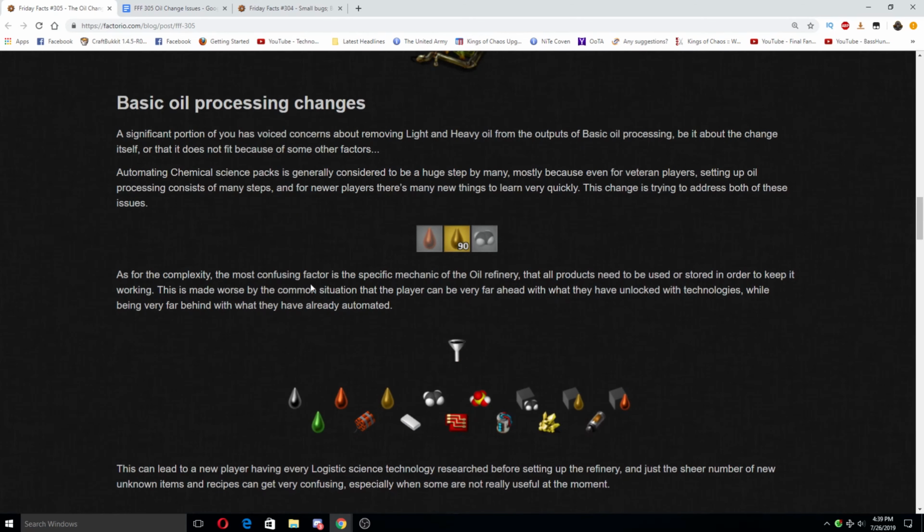Putting myself into the perspective of a new player, I vividly remember my first playthrough very clearly, and my experience and thoughts and feelings during it. And never once, when oil was basically how it is now, where basic oil processing gives you the three liquids, during setting up oil was I like, wow, this is way too complicated, I'm quitting the game.